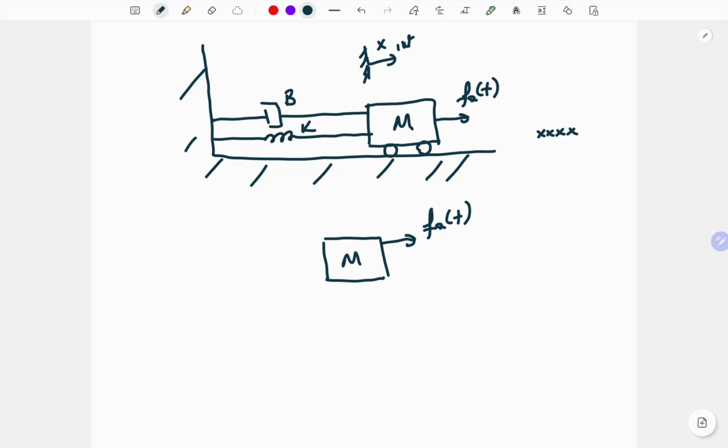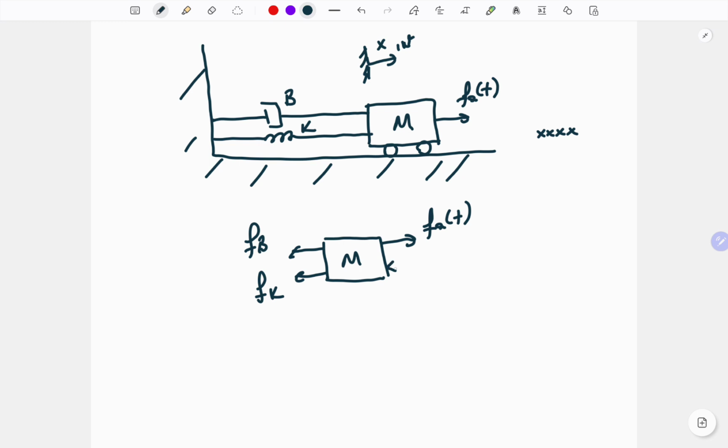Then, on the left side, after we apply this force to the mass, B and K, the dashboard and spring, will try to pull the mass to the left side because of their connection with the wall. So because of this, the reaction of the dashboard and the spring, their arrows must show this left side. They must be in the reverse direction with respect to the applied force. In addition to that, we have to talk about the inertial force.